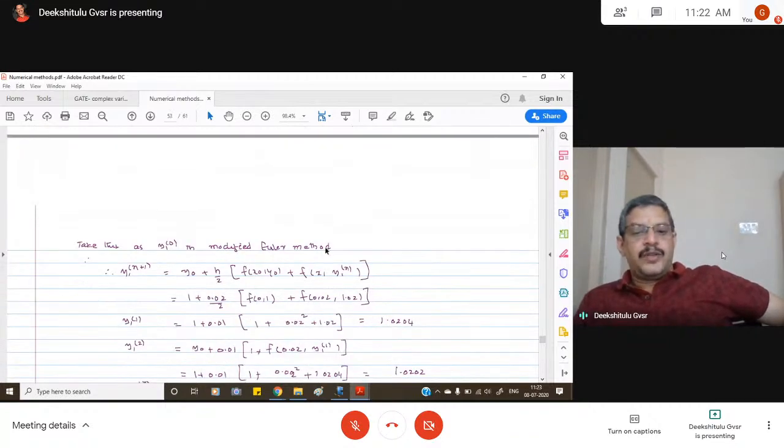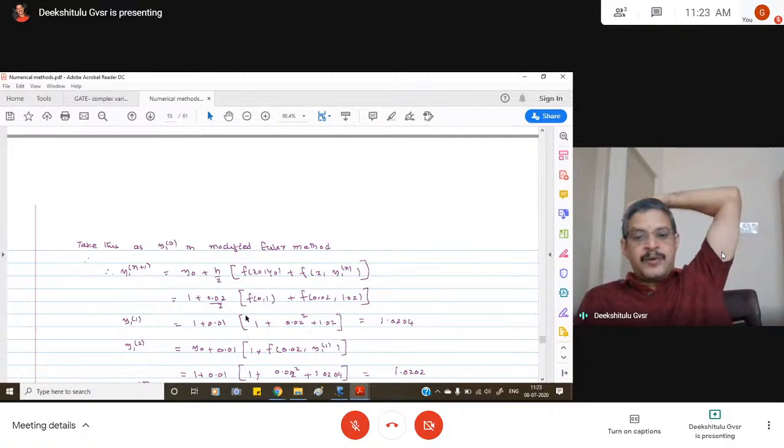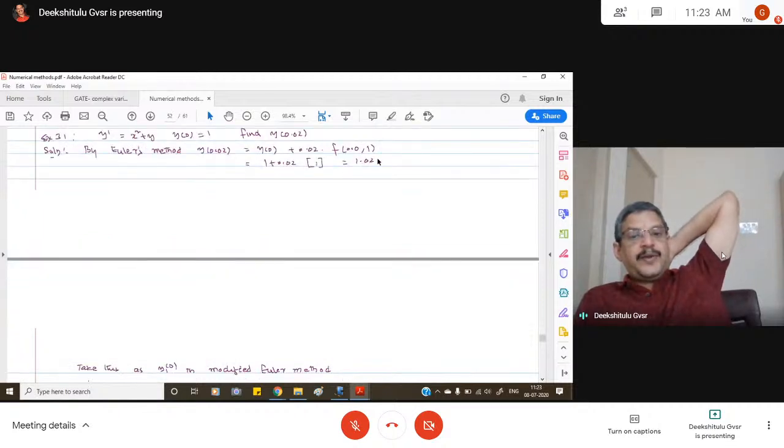In the modified method, use the formula y1^(n+1) = y0 + h/2 [f(x0, y0) + f(x1, y1^(n))]. Putting in the known values, y0 is 1, h/2 is 0.02/2, f(0, 1), and x1 is x0 + h = 0.02, and y1^(n) is not known but is approximated with y1^(0), which is 1.02.